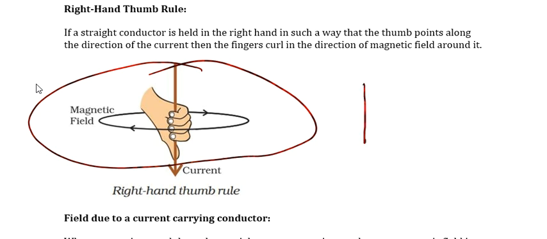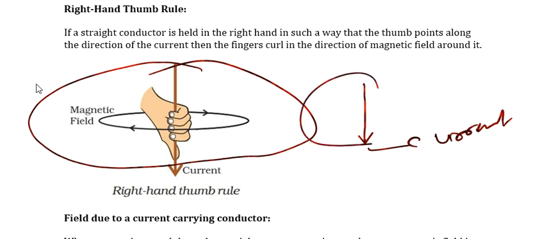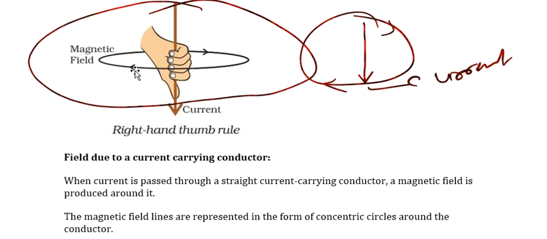You can see here, right? This is the current, and around it is your magnetic field. Now the next, it is very important, the right hand thumb rule.